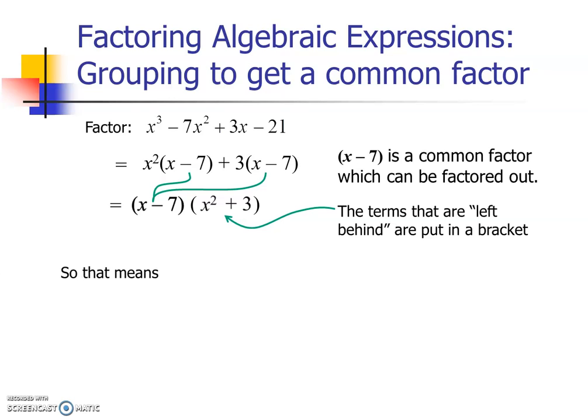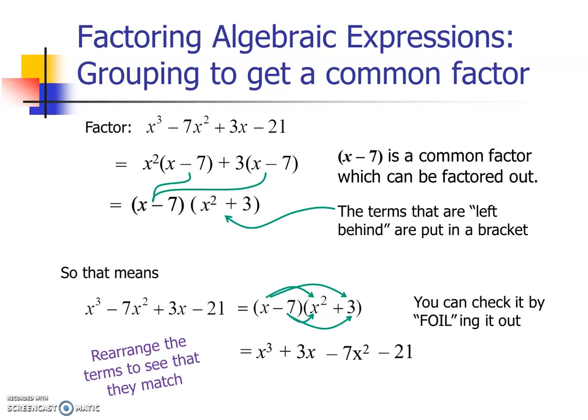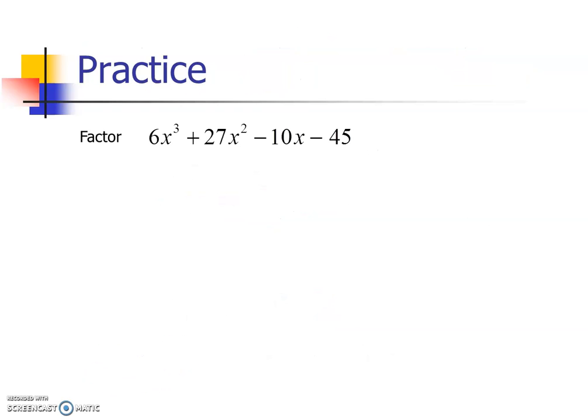So that means that this four-term polynomial, x cubed minus 7x squared plus 3x minus 21, is equal to the product of x minus 7 and x squared plus 3. And if you FOIL it out, you'll be able to check that it's really true: x cubed plus 3x minus 7x squared minus 21. You'll also see that you have to reorder the terms to see if they match exactly.